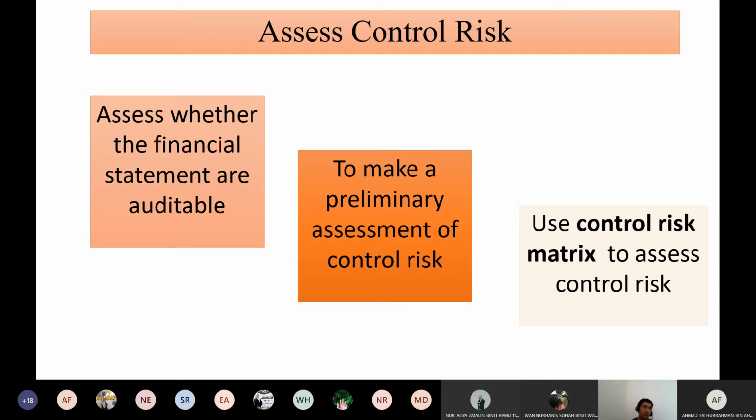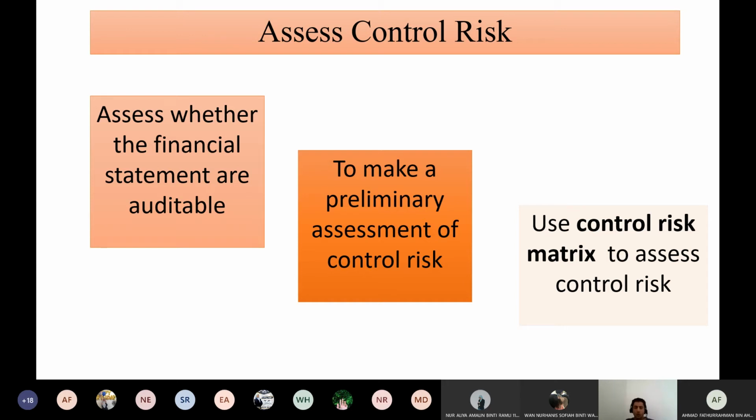If the auditor judges that more than 50% of the financial statement is not accurate, and he cannot rely on the internal control, the first thing is to assess whether the financial statements are auditable or not. If it is not auditable due to high control risk, to the point you cannot accept the financial statements, you may decide not to audit them.